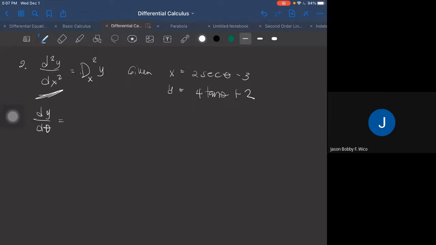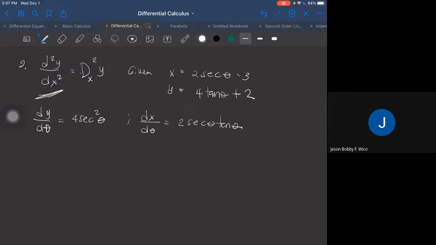So derivative of this one, 4 tangent theta plus 2, is 4 secant squared theta. Tama? And then derivative ng x with respect to theta is 2 secant theta tangent theta.